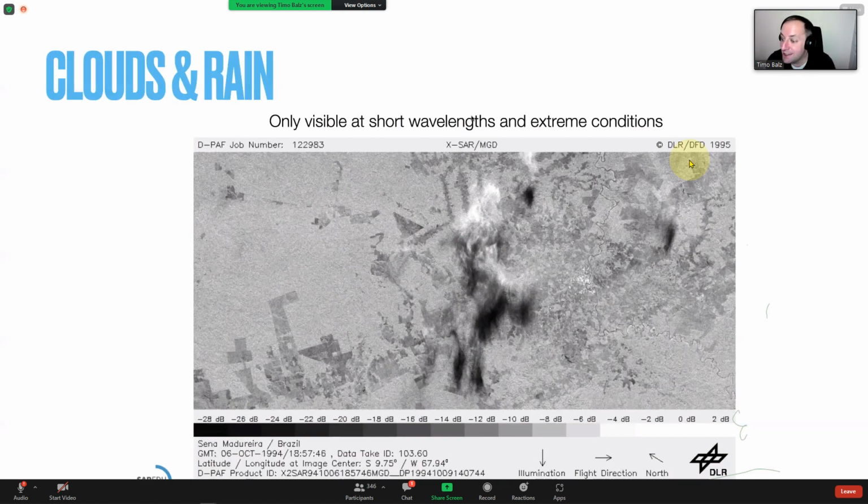You see that much less in C-band with 5 centimeters; it occurs much less often. And in L-band, I never saw rain in an image. However, keep in mind that what the textbook says is not always true. You can see very strong rain events in shorter wavelengths.